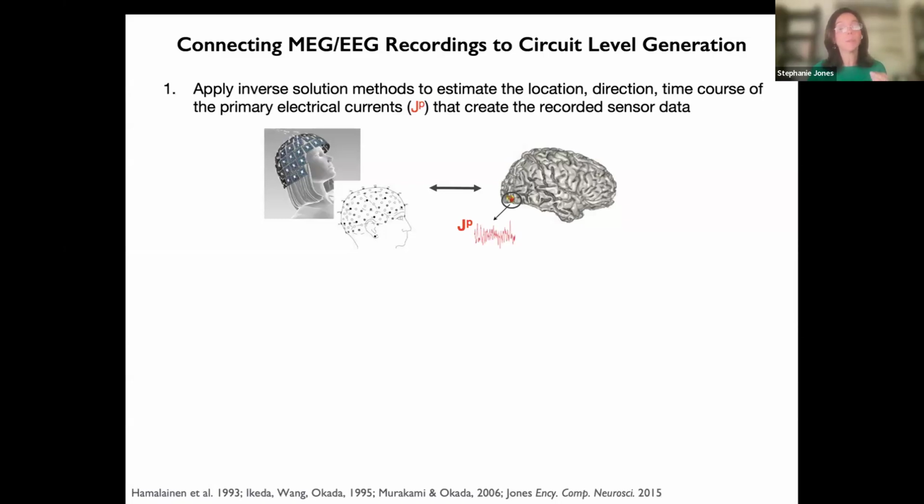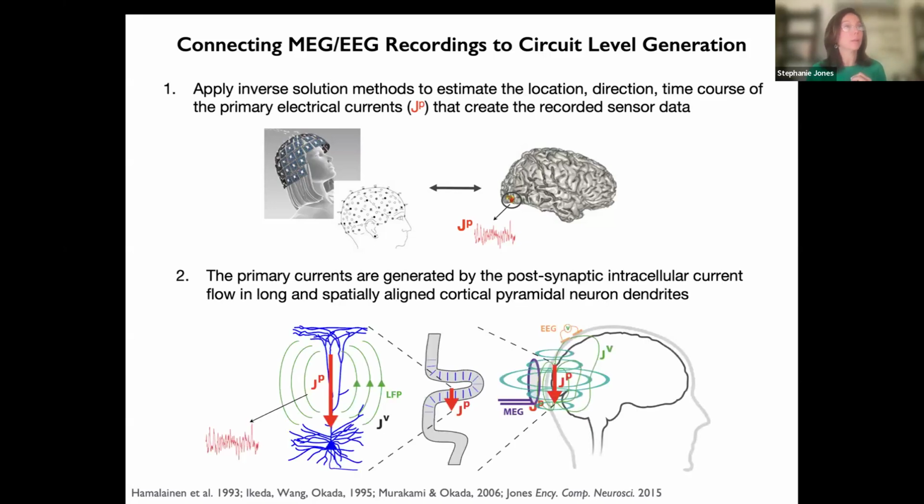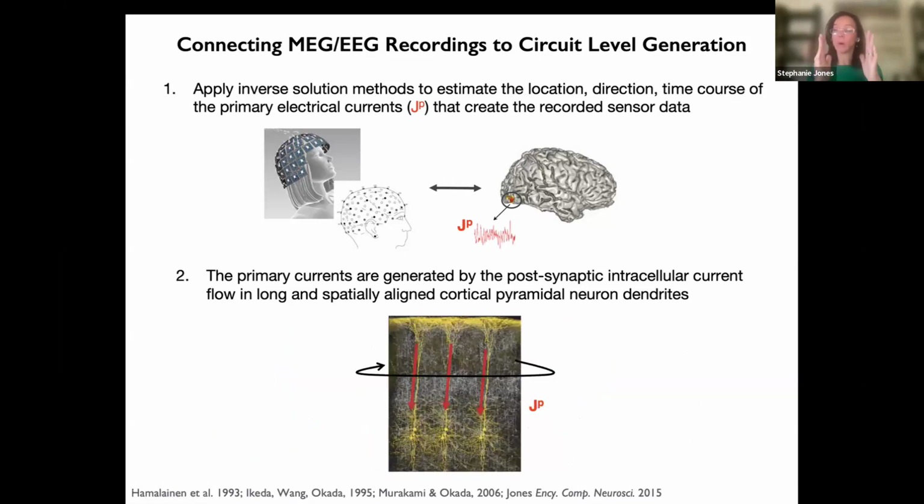And so then we need to think about, well, where are these primary currents coming from in the neural circuit? Well, the primary currents are generated by the postsynaptic intracellular current flow in these long and spatially aligned cortical pyramidal neuron dendrites. Essentially, these dendrites are aligned in such a way that they create a massive electrical current that can be recorded outside of the head with either EEG or MEG.